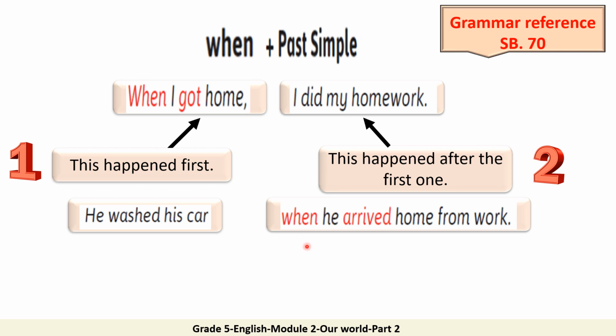As we mentioned, the action that was completed first always follows when. And we noticed here in this sentence that he arrived first and then he washed the car. So, this is the action that happened first, and then this is the action that happened after the first one. And always, the action that happened first follows when.